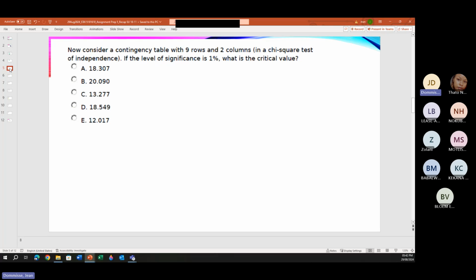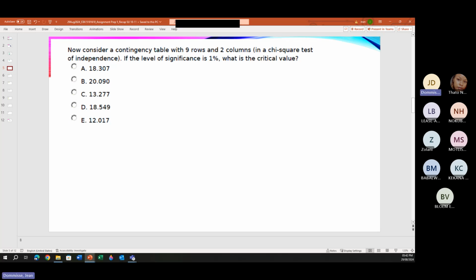Okay, so let's look at the next one. So what do we need to do with this question? Now we're still talking about the previous question, but it doesn't make too much difference.